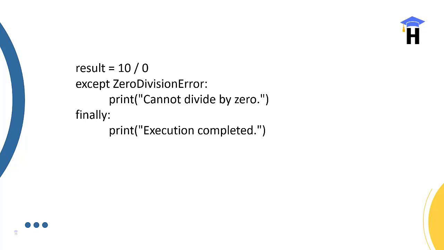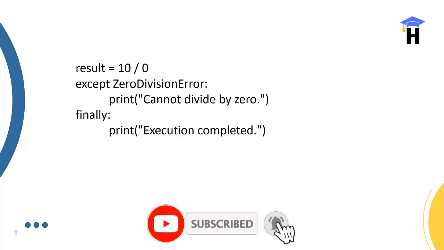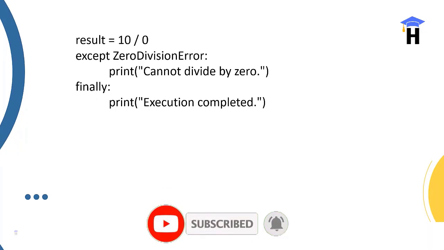If you do not specify except ZeroDivisionError, the running program will terminate and it will show you an error at the end. Strongly remember, these are the built-in error codes. If you know how many there are and how to handle such scenarios, you will write clean and great performance code.